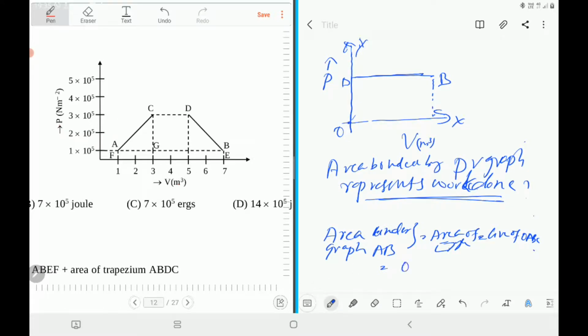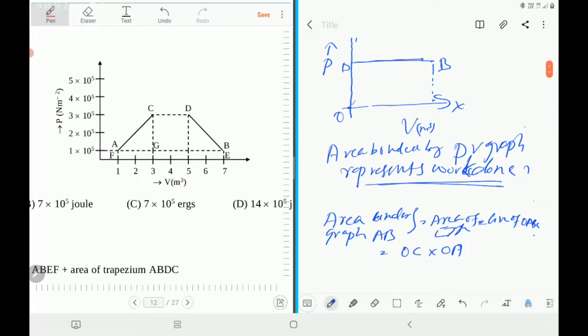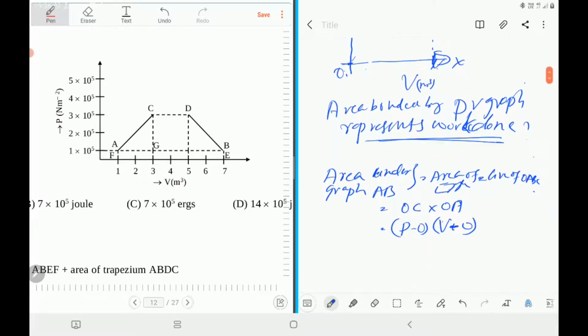Length into breadth, length OC into OA. From O to A, there is some pressure P, and there is some volume V, 0 to V. P minus 0, V minus 0. Instead of writing V minus 0, you can just write V. So PV, that's it. Pressure into volume.